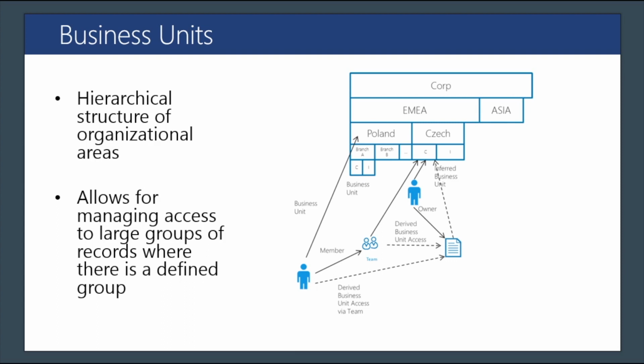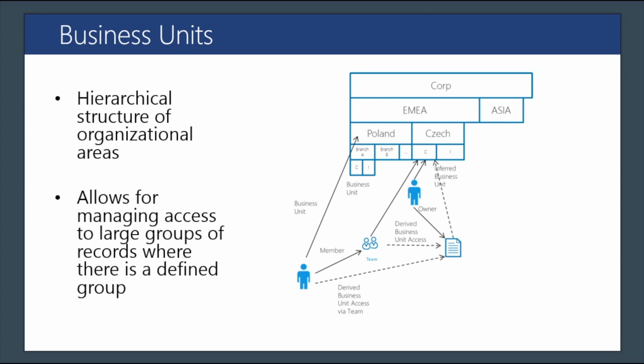What the members of the team are going to be able to see depends on the security role that is granted to the team. If you granted the team a security role that says they have user level access to contacts in the system, the users that are members of that team are only going to be granted access via the team to contacts that are owned by the team.